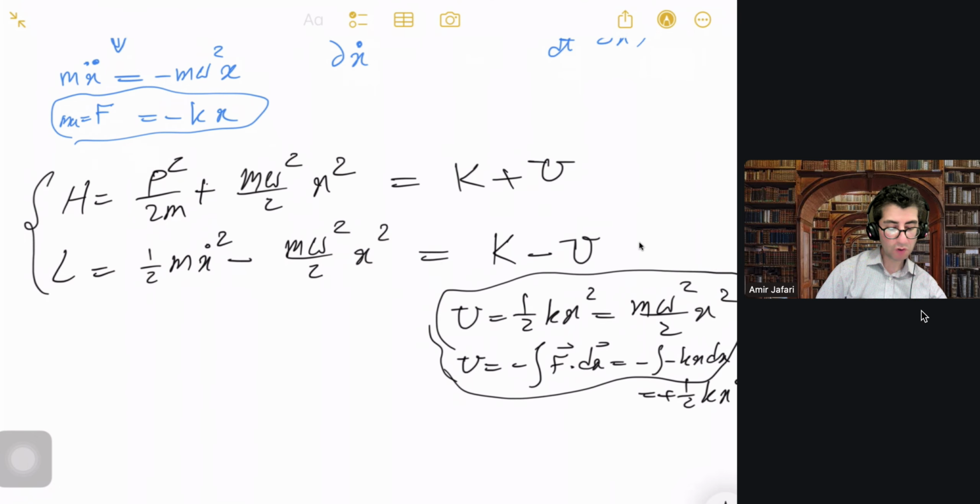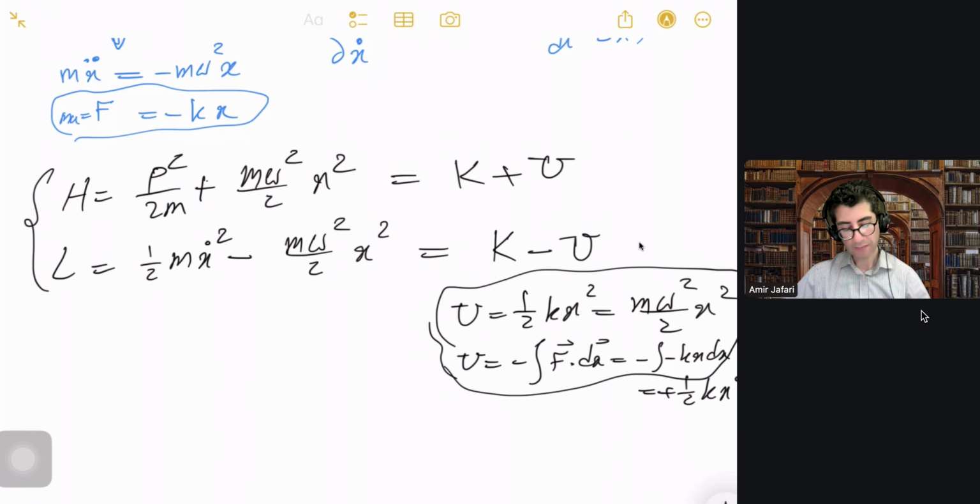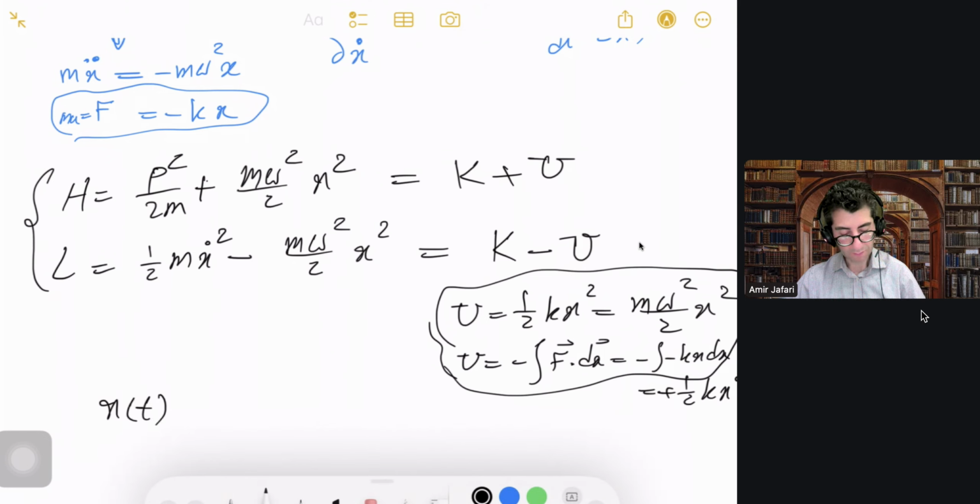And now if you know the position, in 3 dimensions, or like let's restrict ourselves to 1 dimension, you know that the solution is something like this, as we said before.